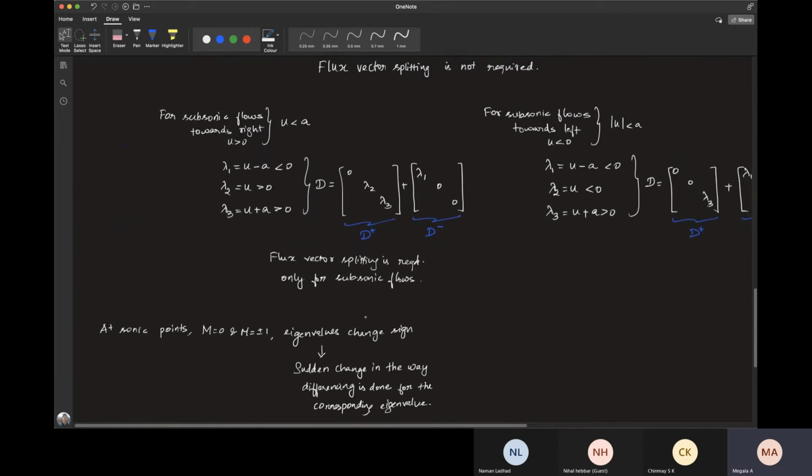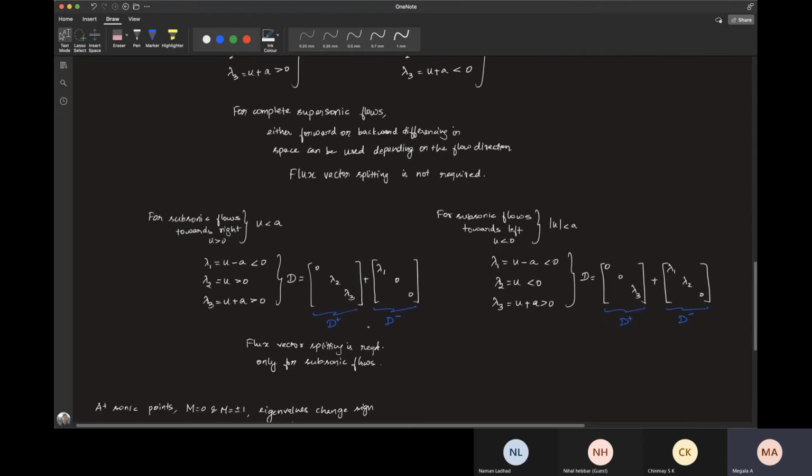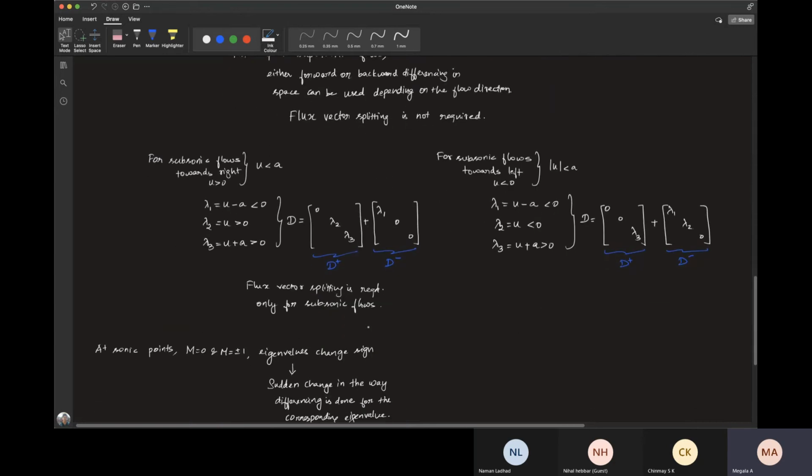So this is for supersonic flows. Now let us look at subsonic flows. So for subsonic flows towards right, in the first case, u is greater than 0, and for subsonic flows, u is less than a. So the first eigenvalue, which is u minus a, will be negative, because u is less than a. So u minus a is like some small positive quantity minus some large positive quantity.